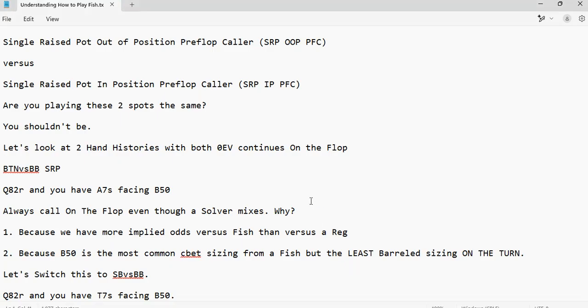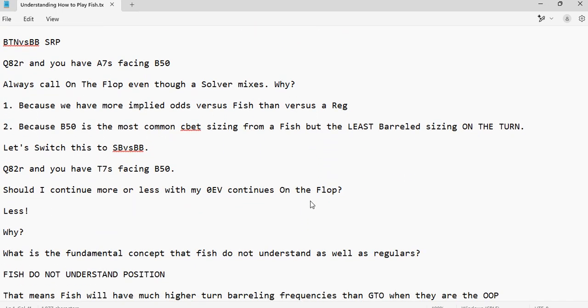If a fish doesn't understand position, then he's going to play the small blind the same as the button. He doesn't realize that GTO should be barreling less in the small blind versus big blind spot than button versus big blind. So he's going to barrel similar frequencies.